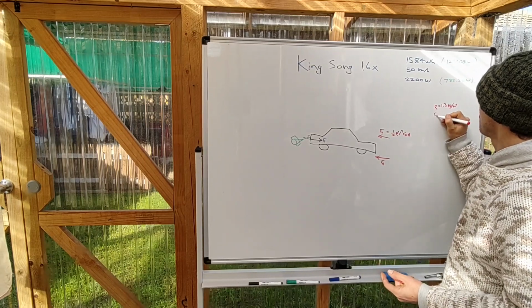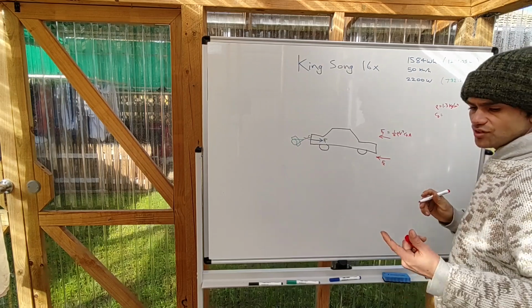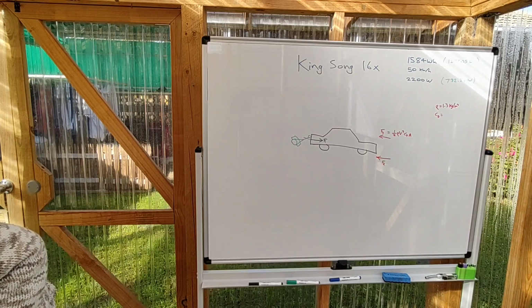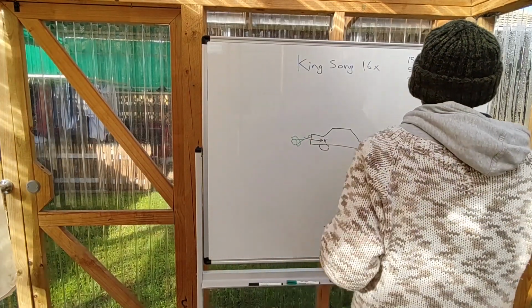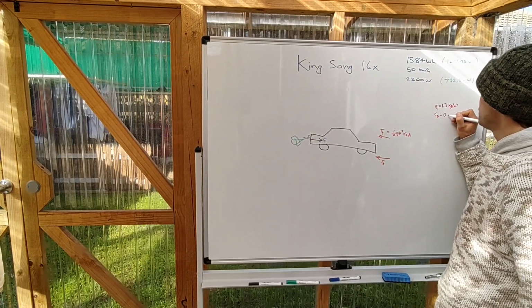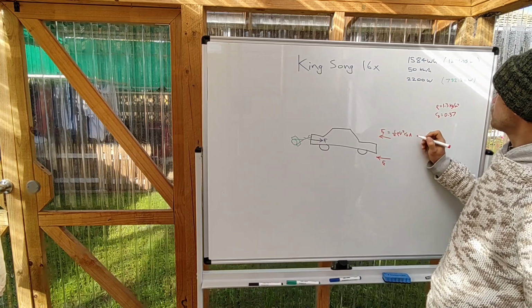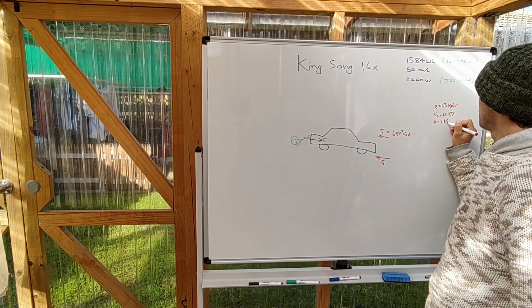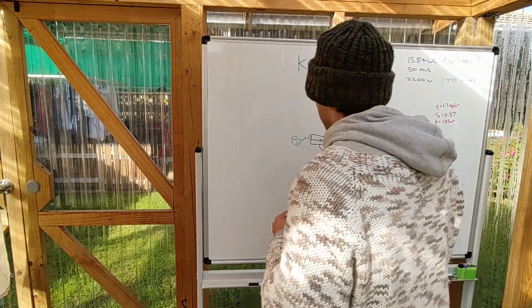Cd is your coefficient of drag, which is, for this example, let's just use some ballpark figures. Let's use 0.37. That's kind of typical for your average car. And frontal surface area, let's use 1.85 meters squared. Again, typical for a medium-sized car.